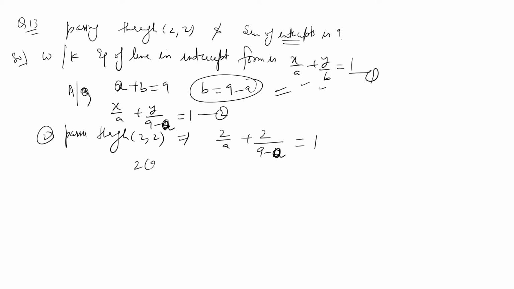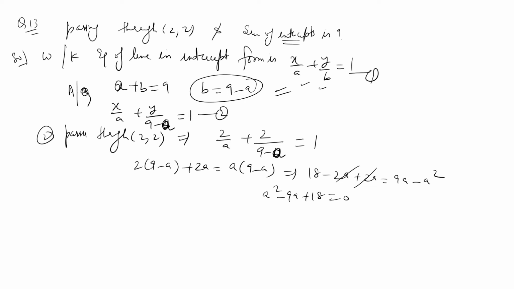So 2 into (9 minus a) plus 2a is equal to a into (9 minus a). So this implies 18 minus 2a plus 2a is equal to 9a minus a square. So the equation is a square minus 9a plus 18 is equal to 0. Can you tell me the factors?